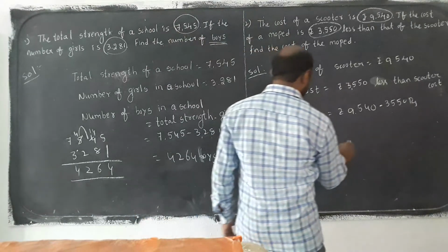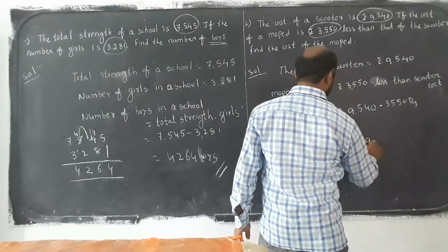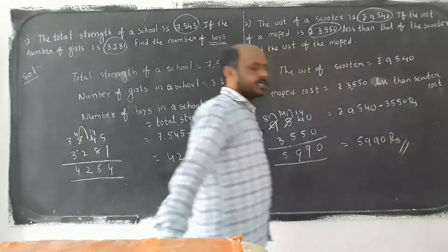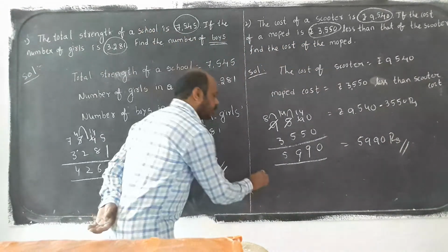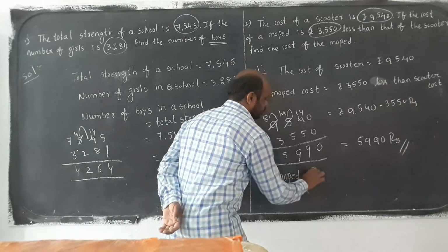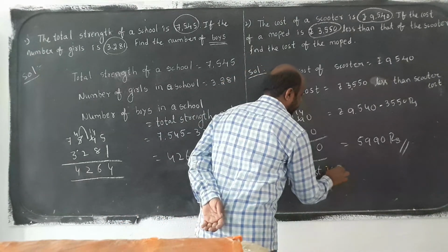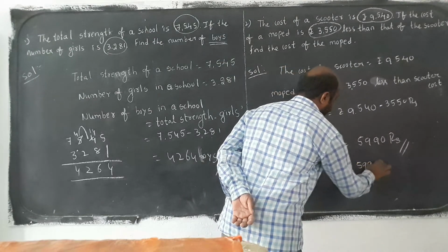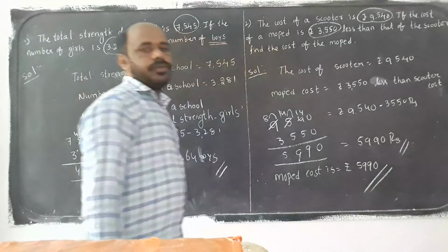How much should the cost be? The moped cost is 5,990 rupees. Therefore the moped cost is rupees 5,990.